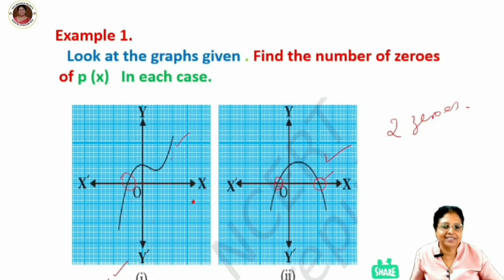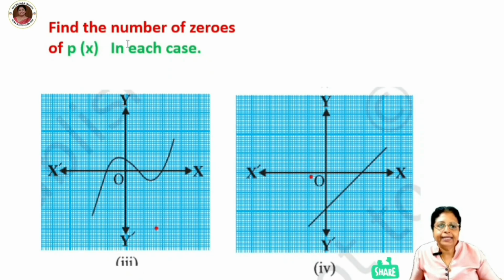Have you understood? Okay. Here also we are asked to find out the number of zeros. See this, the graph intersects the x-axis at this point, and this point. That means there are 3 points where the graph intersects with the x-axis. That means the number of zeros are 3. So 3 zeros are here.